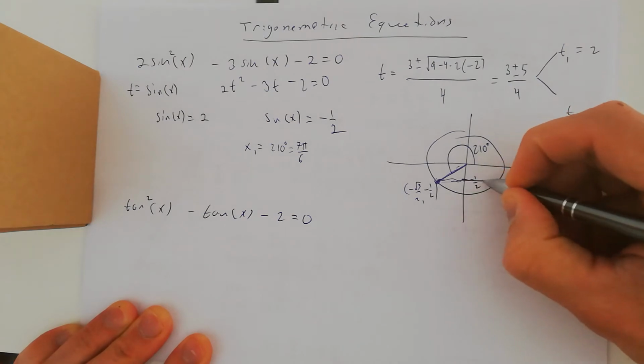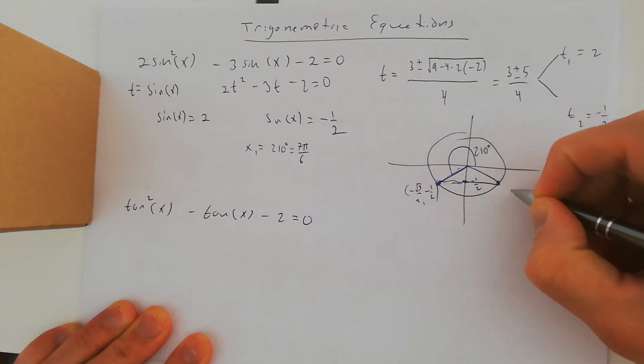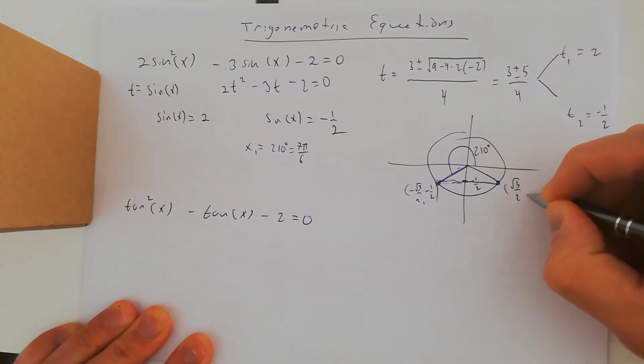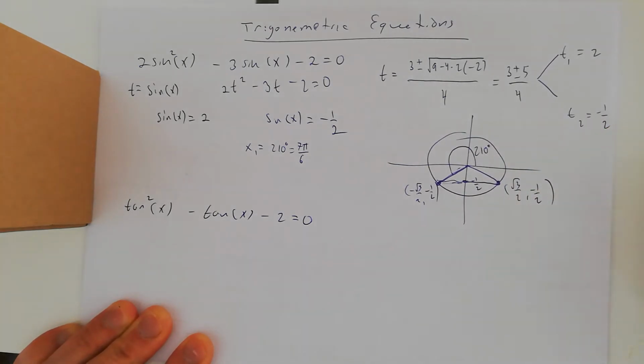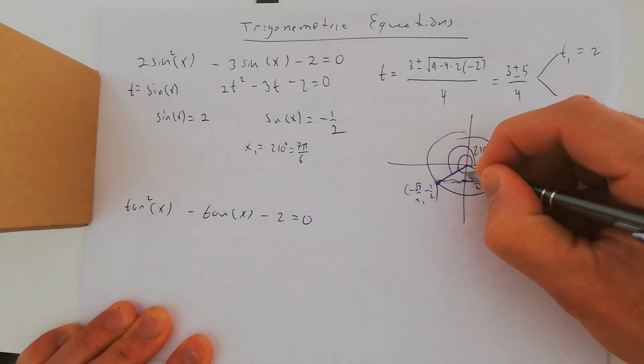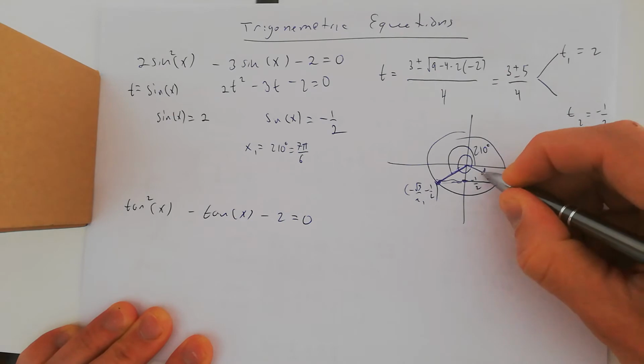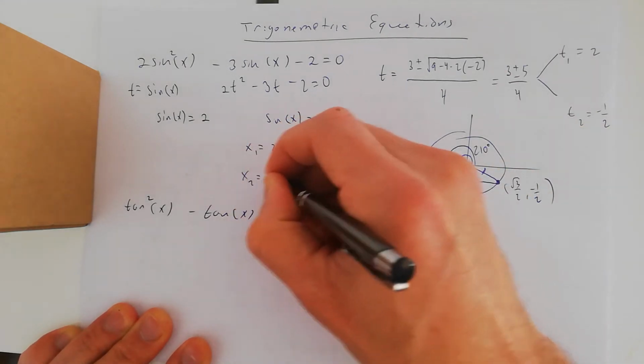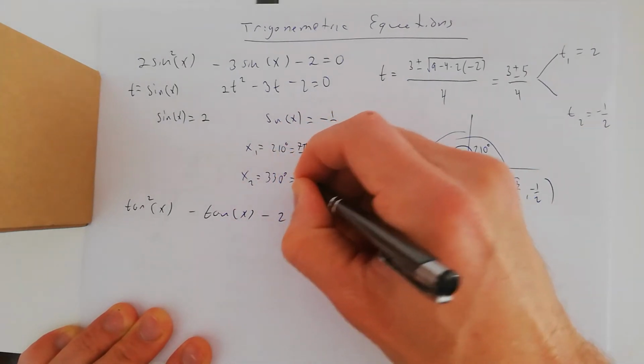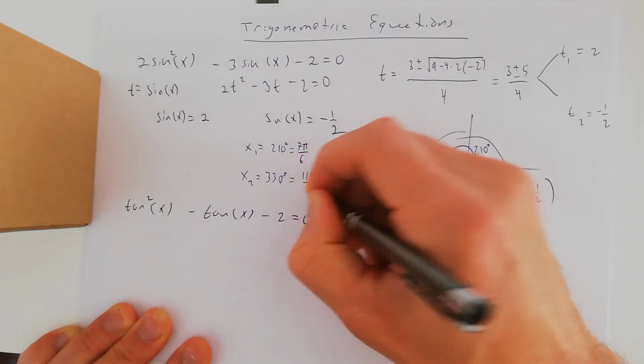And then of course there is another point here, which is root 3 over 2 comma minus 1 half, and the angle is this, which is, if this is 30, of course it's 330 degrees or 11 pi over 6.